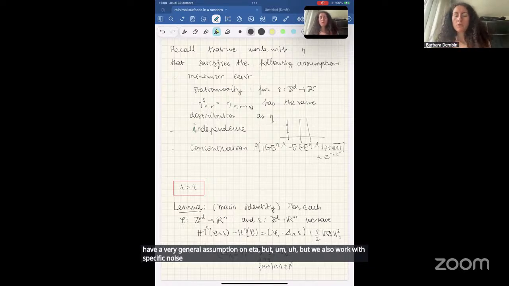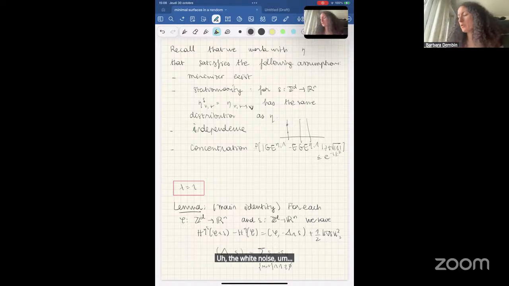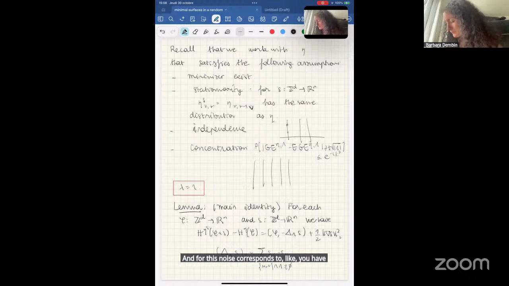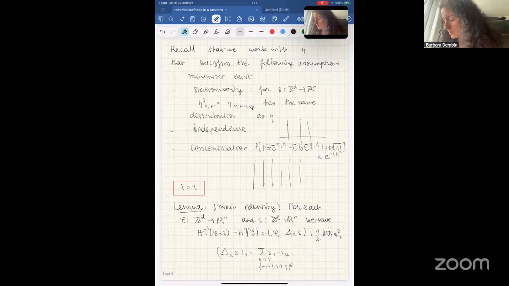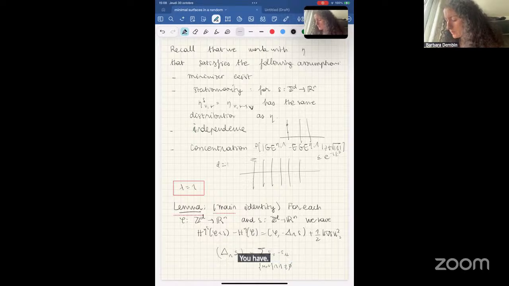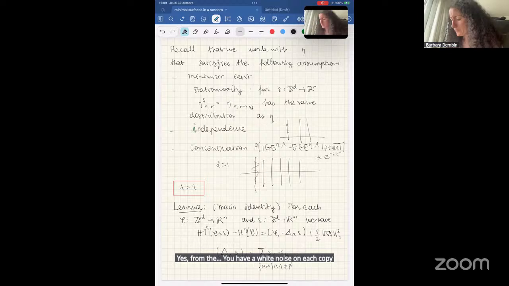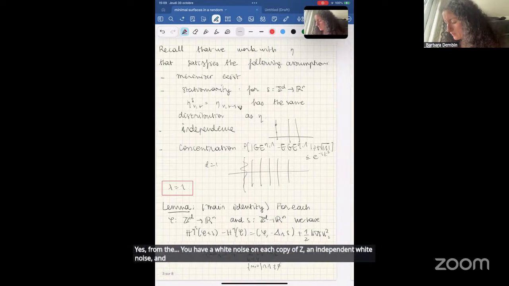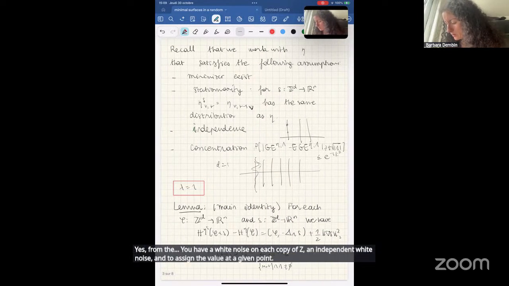Ron mentioned the white noise version of eta. For this noise, in dimension 1, you have a white noise on each copy of Z, an independent white noise, and to assign the value at a given point, you integrate the white noise against a compactly supported bump function.